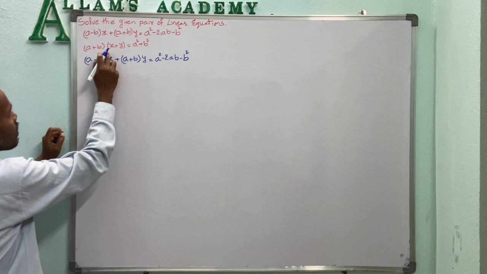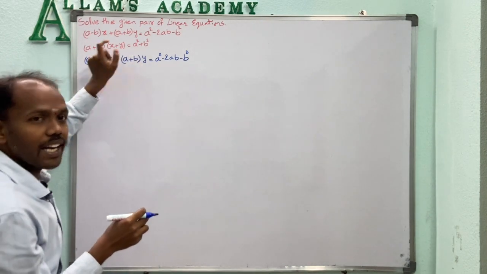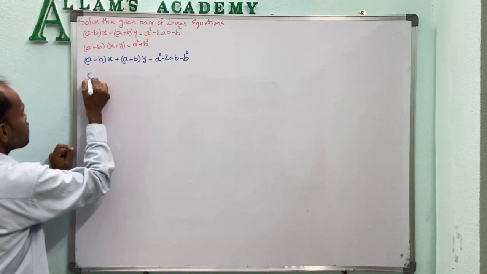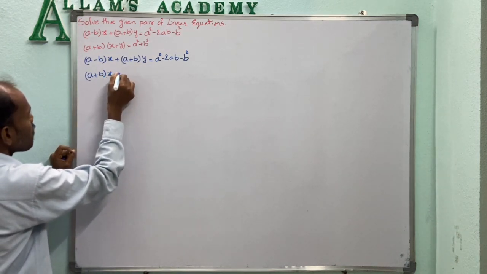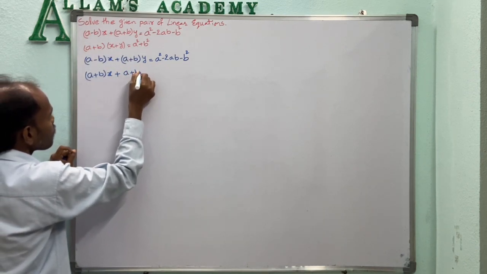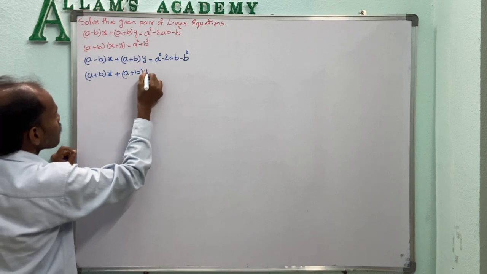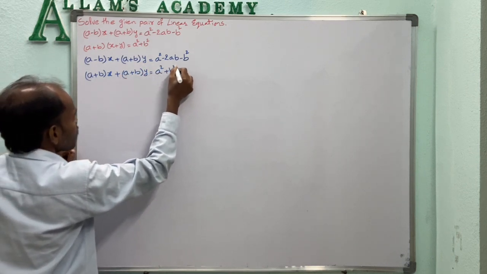Now the second equation will be (a + b) multiplying with x and y, that means (a + b)x + (a + b)y = a² + b².